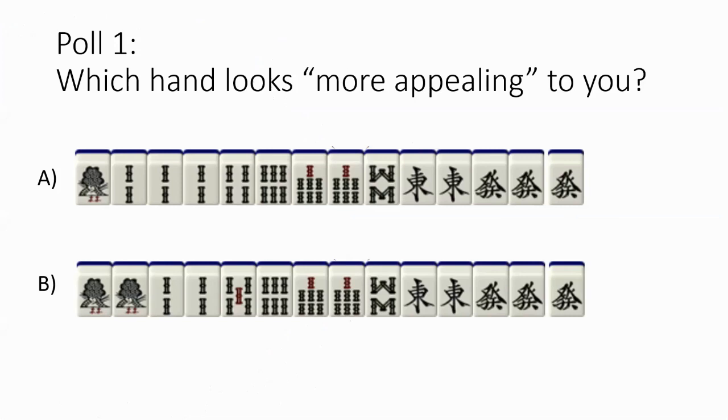I would like to ask a question: on the screen, you'll see there are two hands, A and B, okay? My question is, which hand looks more appealing to you? By appealing, it essentially means whether you would be happier if you received A as your initial hand or whether you received B as your initial hand, okay?